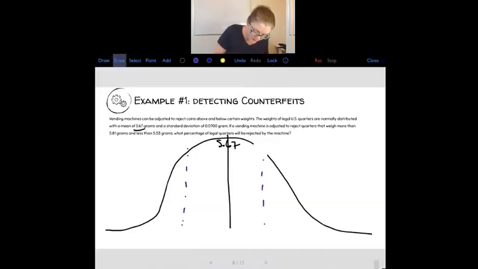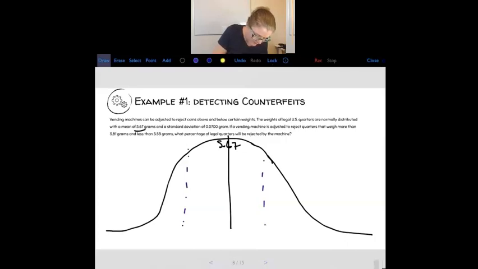That's what it means to be one standard deviation from the mean: you add the standard deviation to the mean to get the next value. So this is 5.67 plus 0.07, which gives us 5.74.